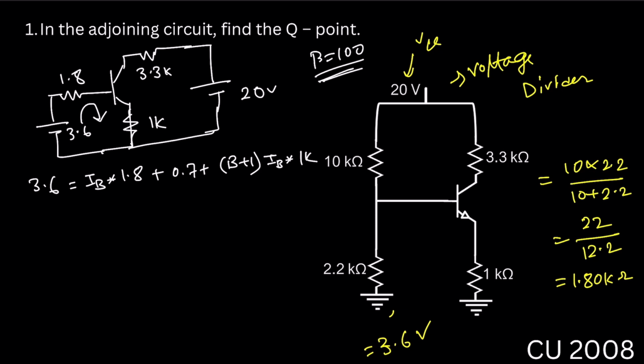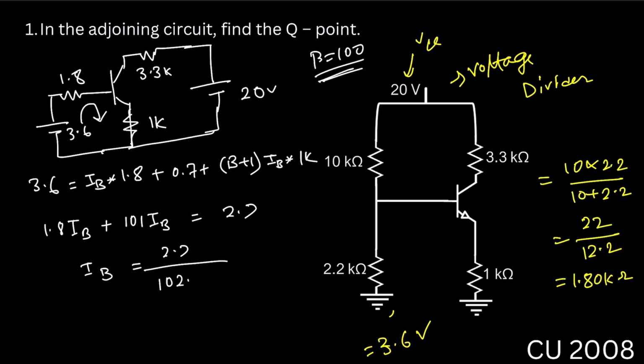So from here we can write down 1.8 IB plus 101 IB equal to 2.9. From here IB will be 2.9 divided by 102.8. This is equal to 28.21 microampere.